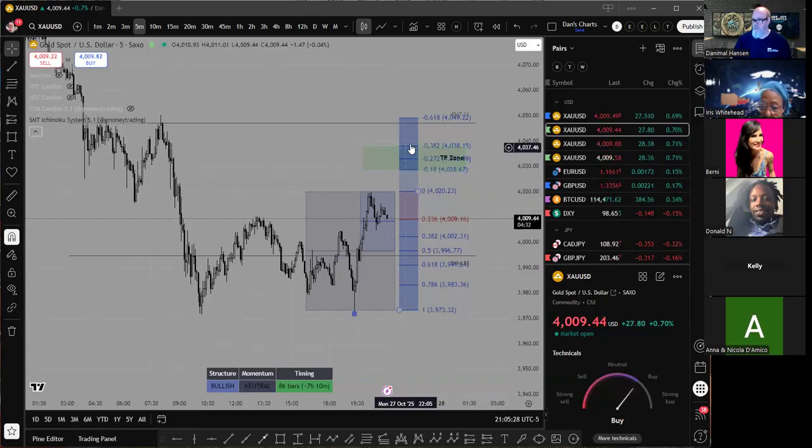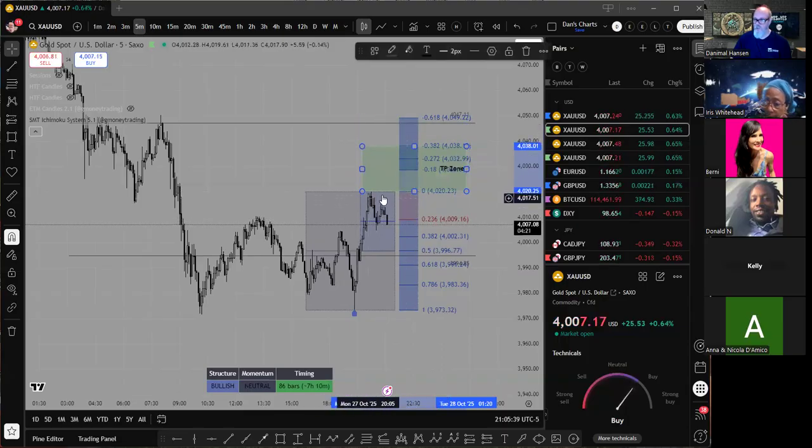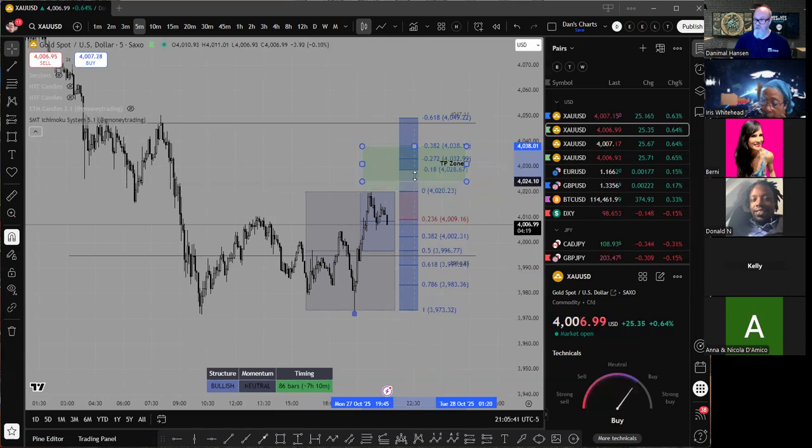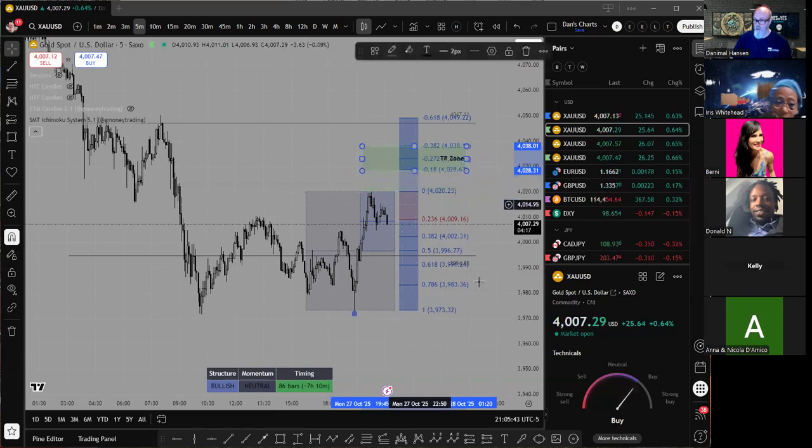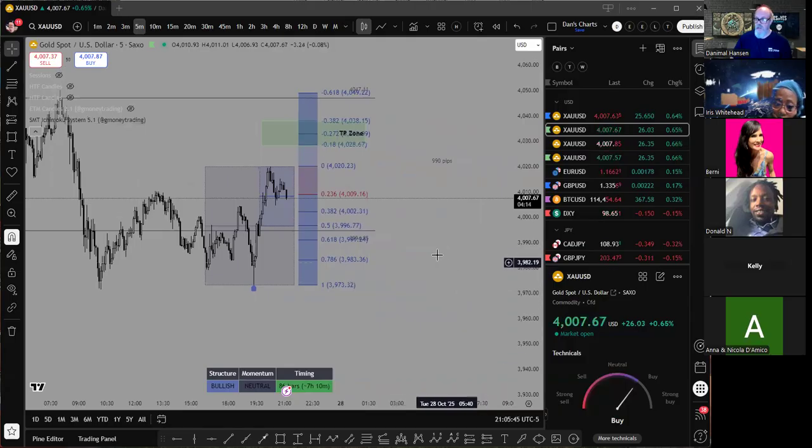Actually, to be honest with you, your TP zone could be anywhere from the zero all the way up to this extension. But for our intents and purposes, since we already tested the 0, or we're at a 0, our entries can be either at the 236, the 382, or the 50.